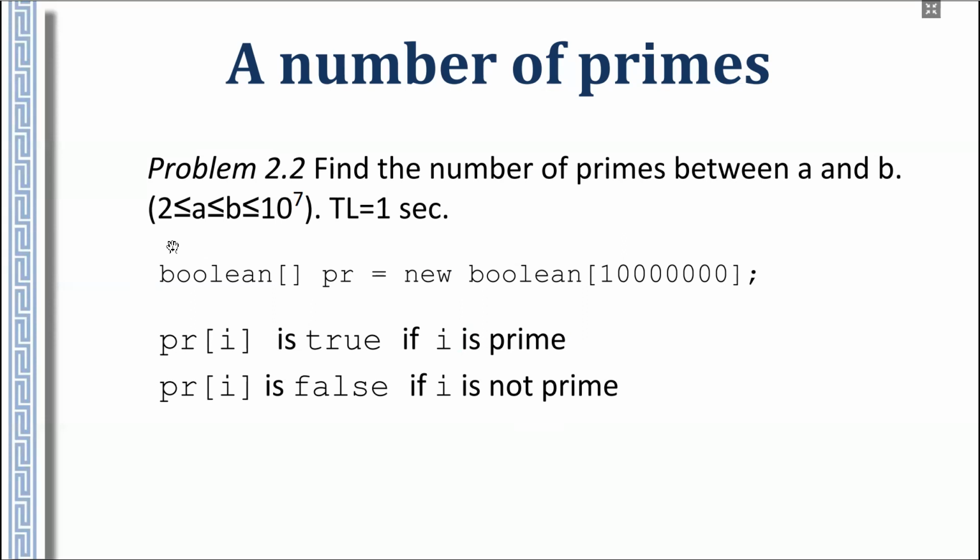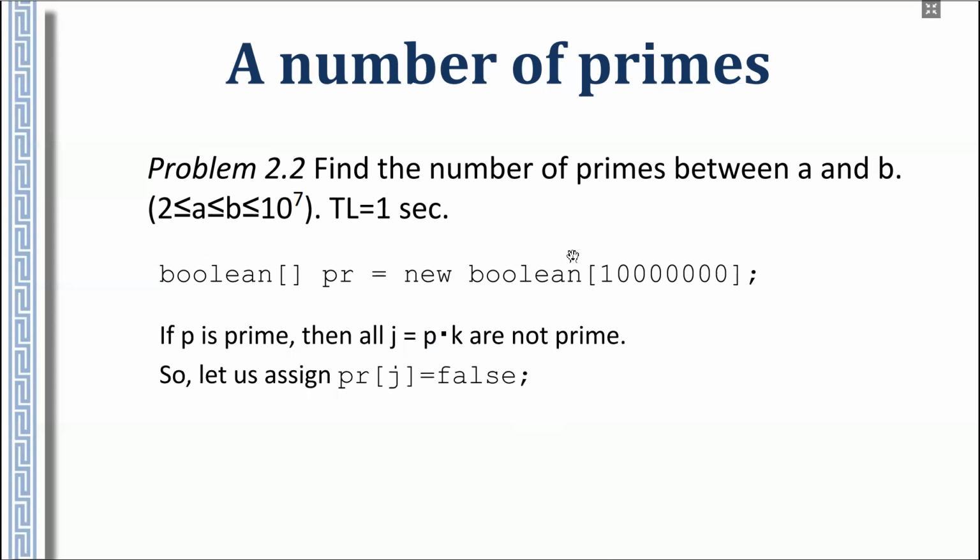So here, not from A to B, but from 2 to B, because we care about all numbers up to B. At the same time, if some number P is prime, then we can say that all numbers that are multiples of P are not prime.